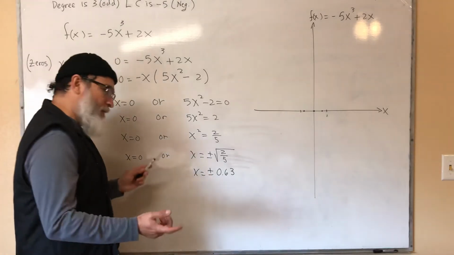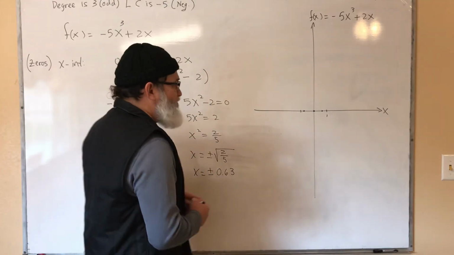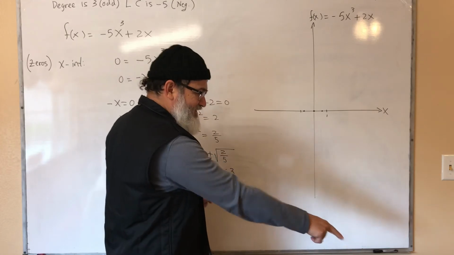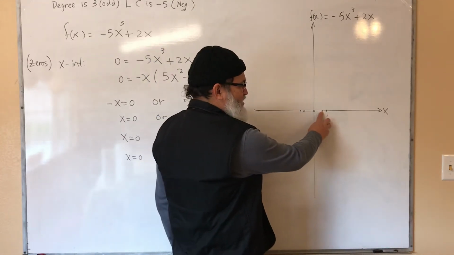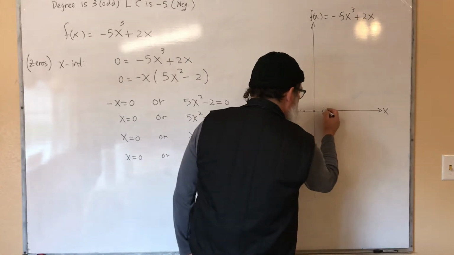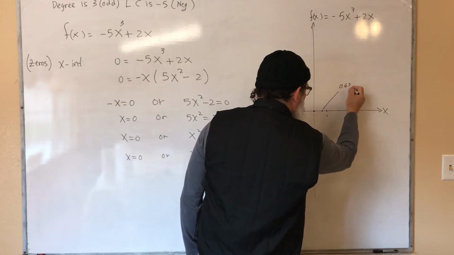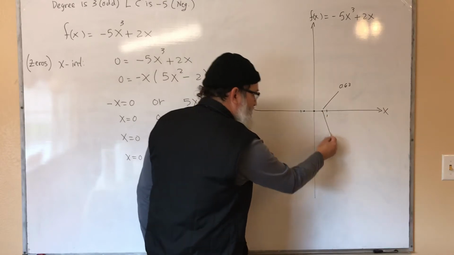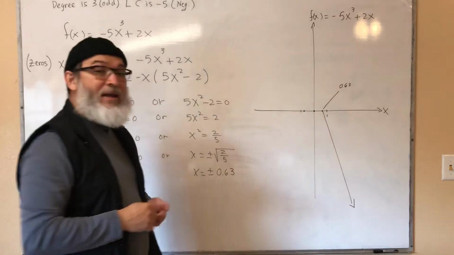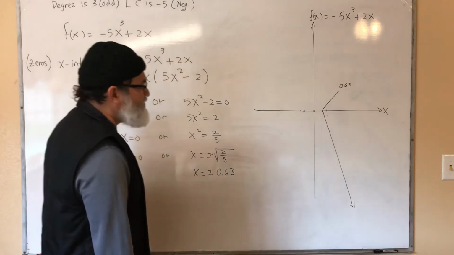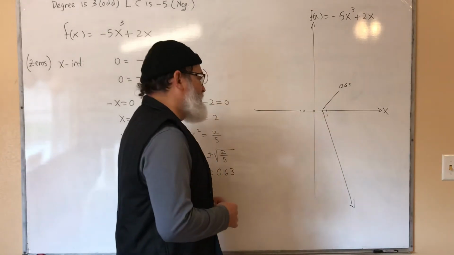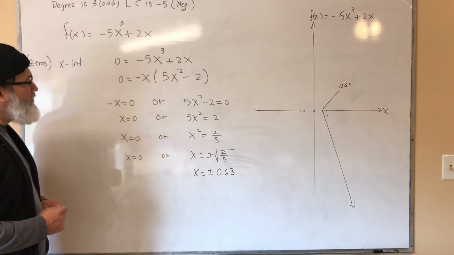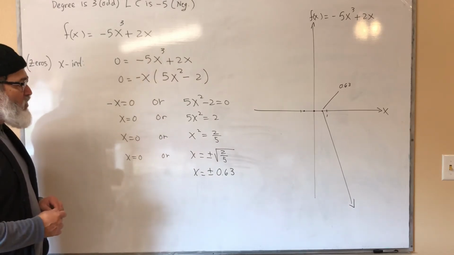Because we know the end behavior to the right is that it falls, and we also know that we have an x-intercept at 0.63, it's going to cross at 0.63.